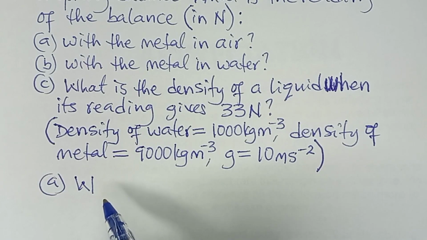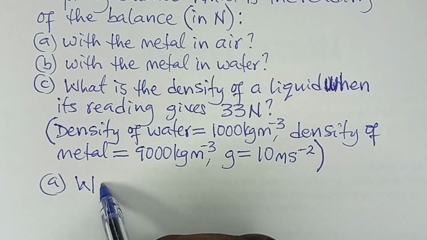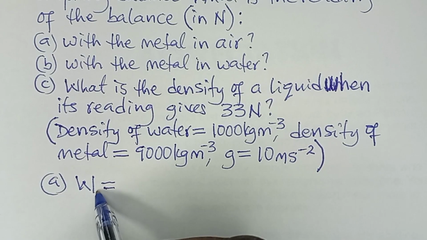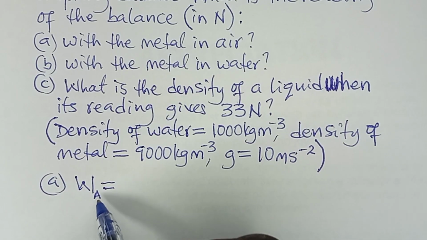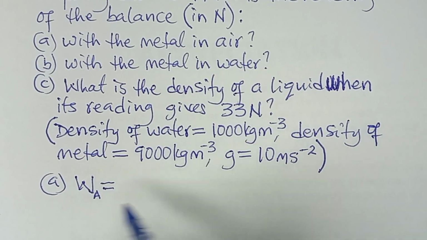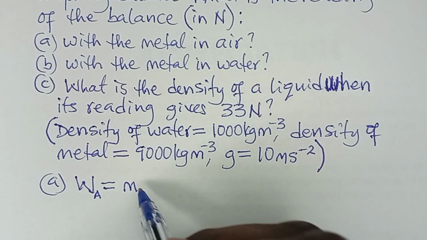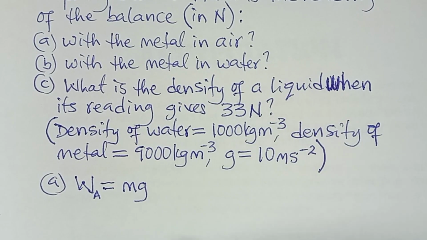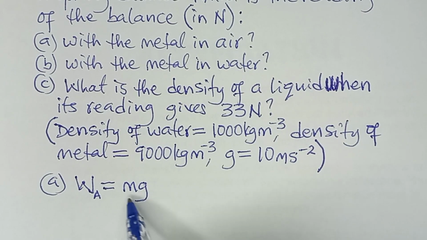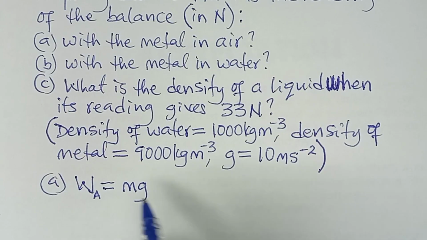So the weight of the metal, W, is equal to, let me call it weight in air, because that's the actual weight of the object. So I'll call it weight in air, W substitute A. And that will be given by the mass times acceleration due to gravity. So this is the formula for the weight of an object when you are given the mass.